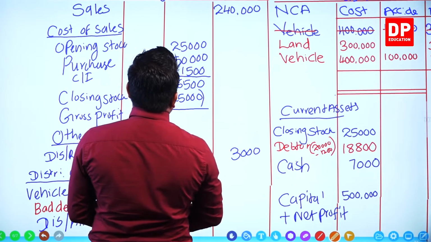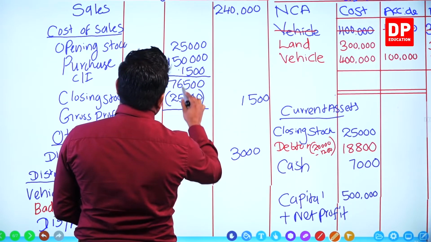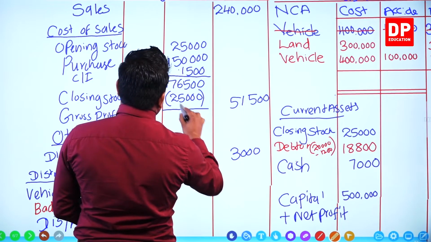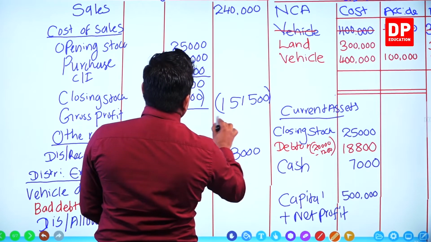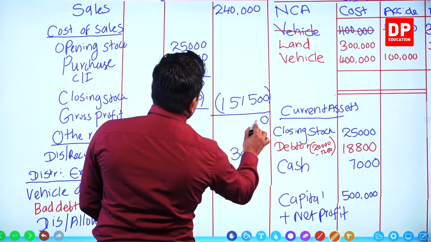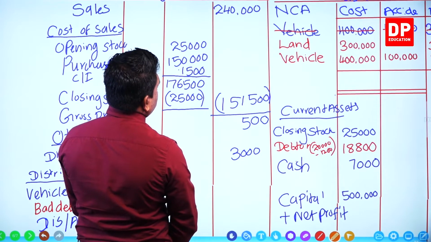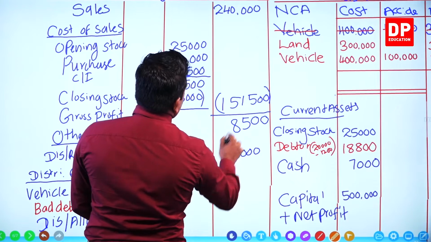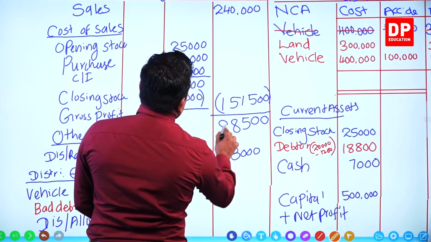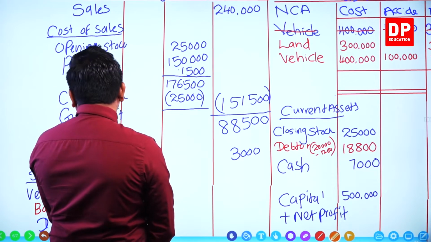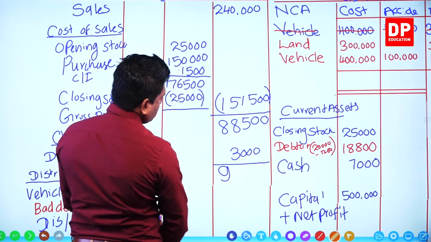Then here 500, 151,500. Then this is a cost of sale. Then you can find the gross profit. 88,500 is the gross profit, right? Only one other income, it's 3,000. Then how much? 91,500.